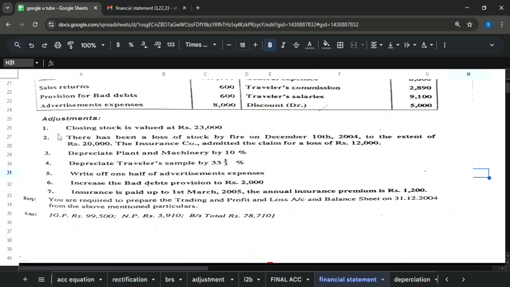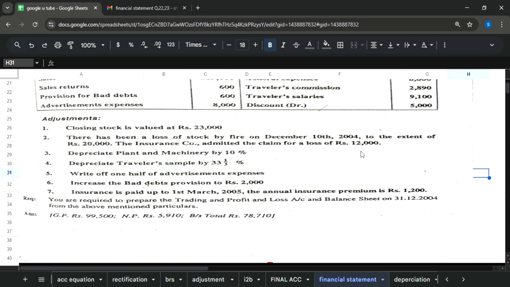Now next, there is a loss of stock by fire to the extent of 20,000. The insurance admitted the claim for the loss of 12,000. So here it's a very interesting entry. You can see that loss by fire is 20,000. This is your first part.